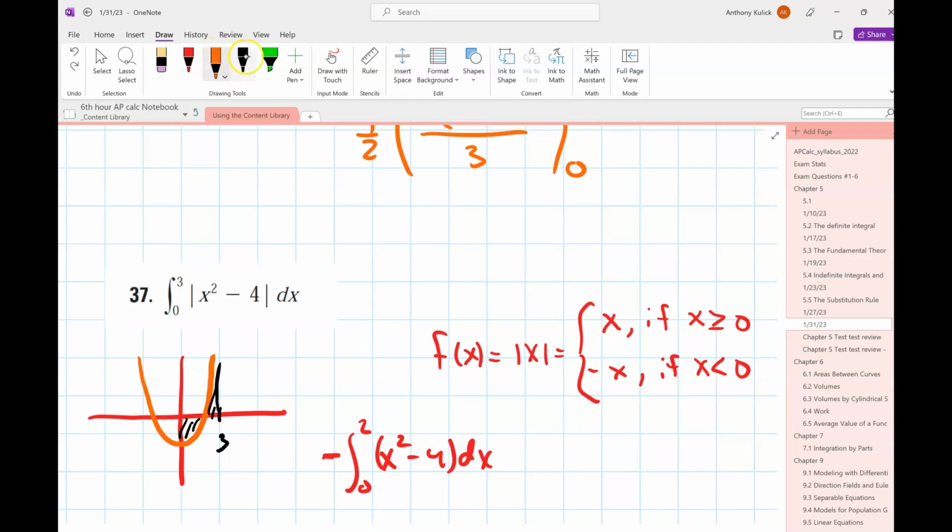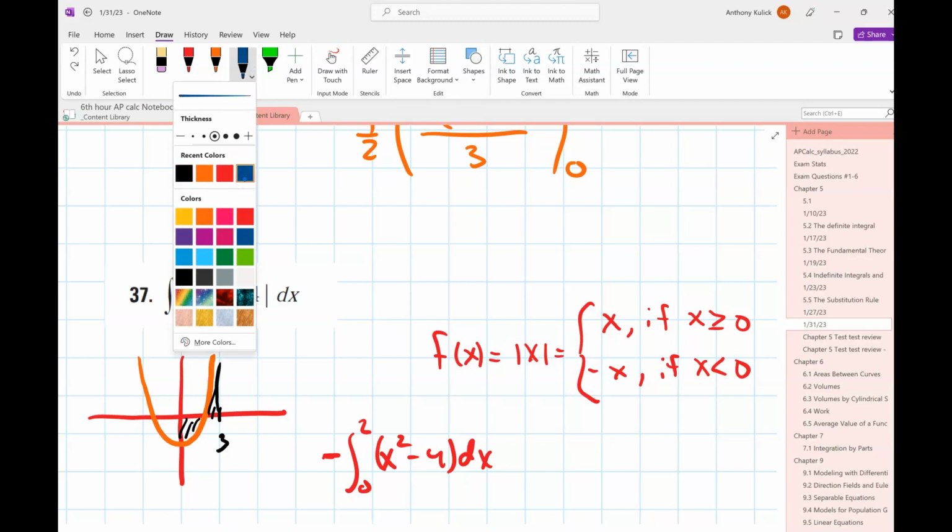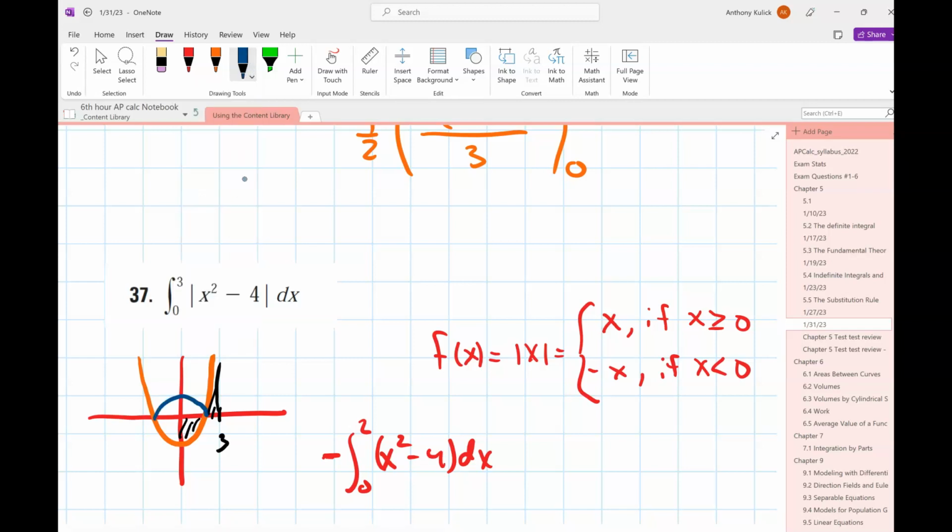So by making it negative, I'm getting a positive area. And then we would do plus the integral from 2 to 3. So we get rid of the absolute value by breaking the integral into parts. The part that's below the x-axis, you negate. The parts that are above the x-axis, you leave the way they are. And then you can go from there.